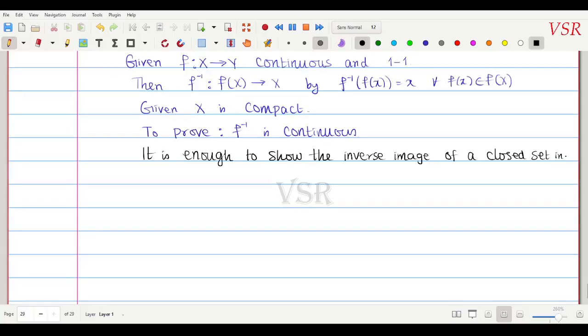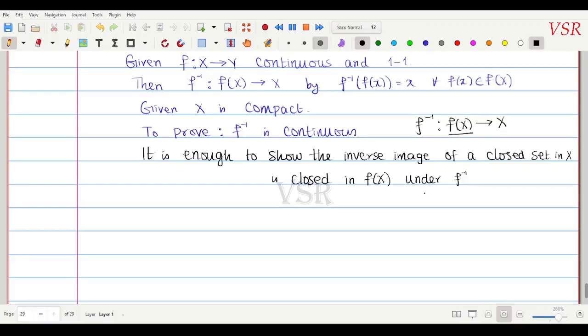in capital X. f inverse is defined from f of capital X to X. You take a closed set in X, and I am going to say its inverse image is closed in f of X. So it is enough to show that the inverse image of a closed set in capital X is closed in f of X under f inverse.